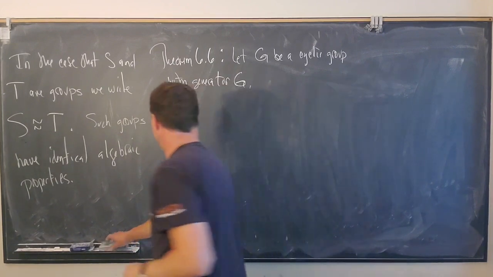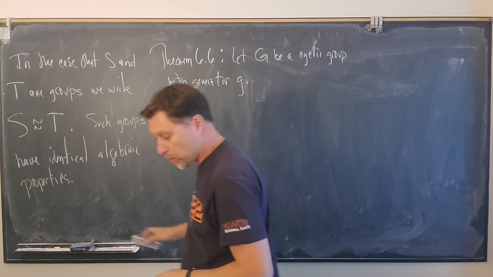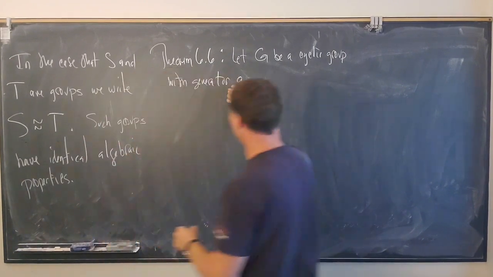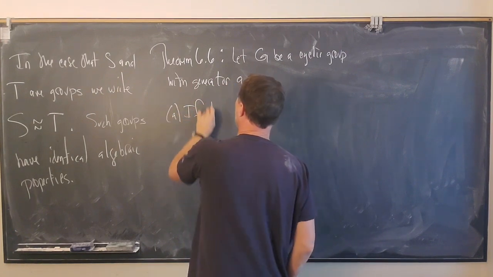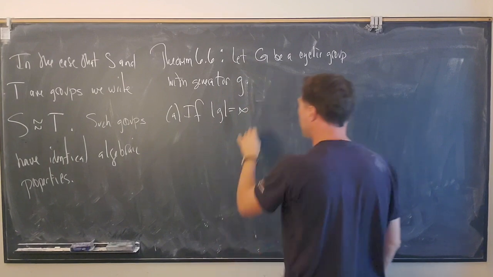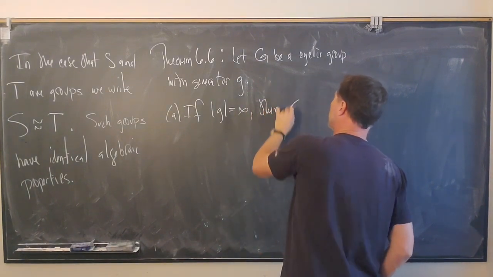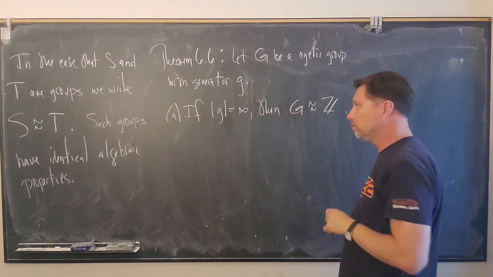There are two parts to this theorem, depending on the order of our generator. Part A: if the order of little g is equal to infinity, then G is isomorphic to the integers.